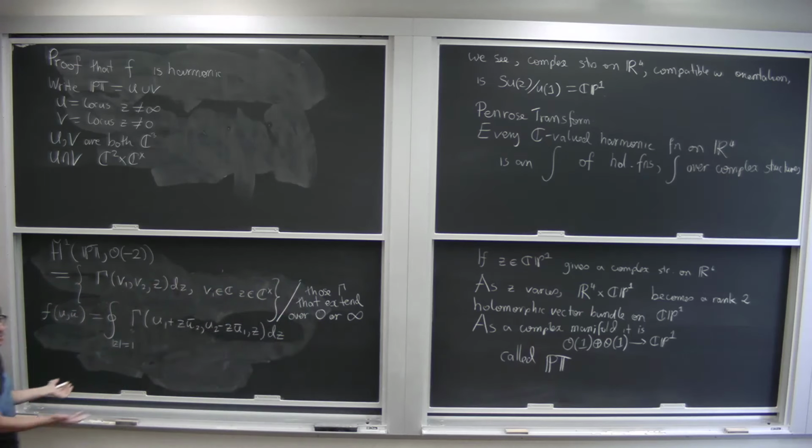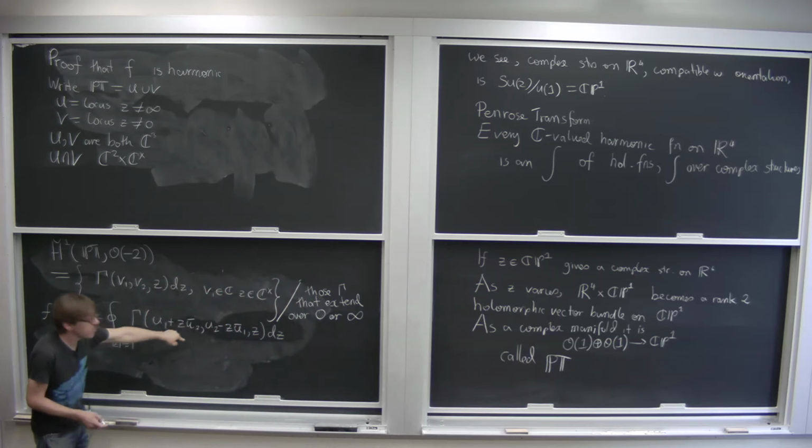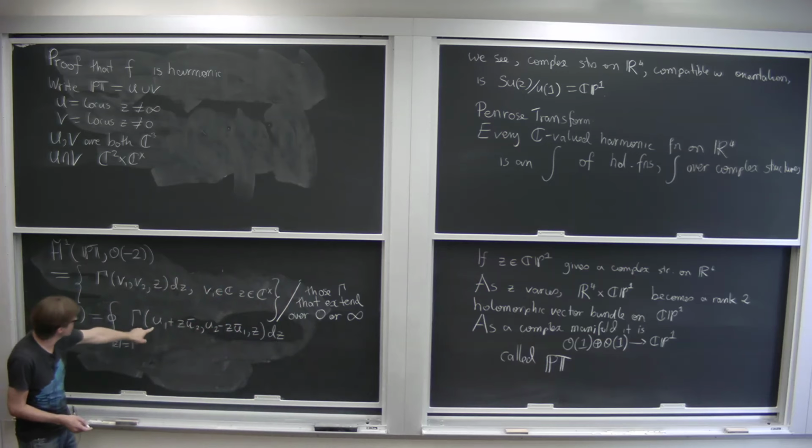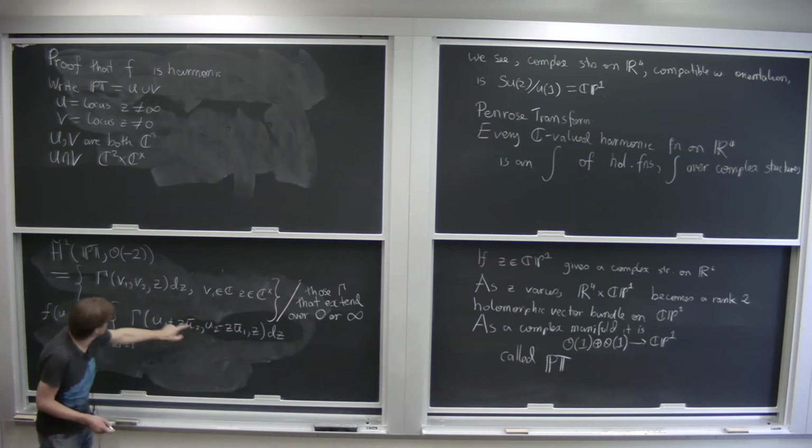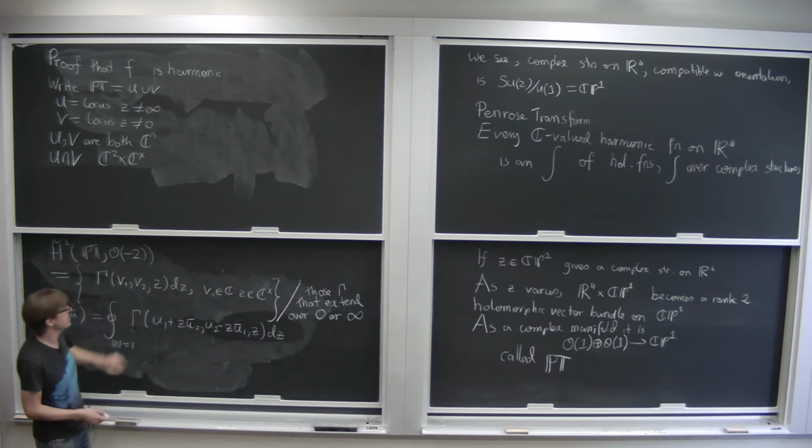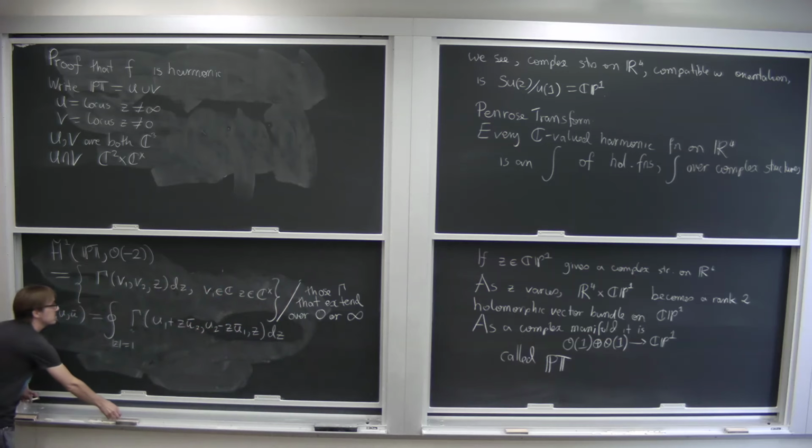So I've taken the contour integral and I've used the relationship between coordinates in R^4 and coordinates in twistor space to substitute in u1 plus z u bar 2 and so on for v1 and v2. So this is a very concrete expression.